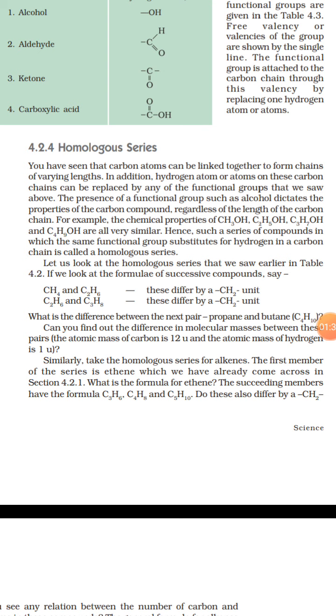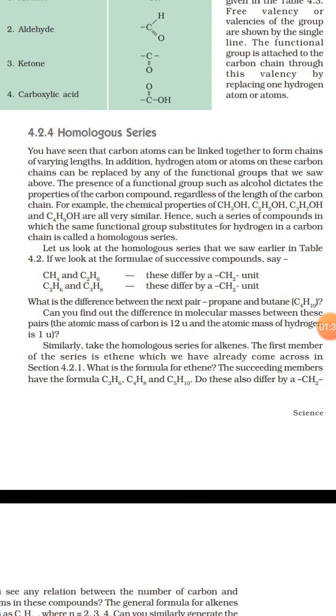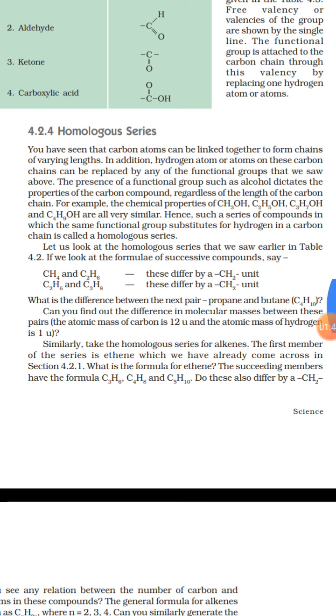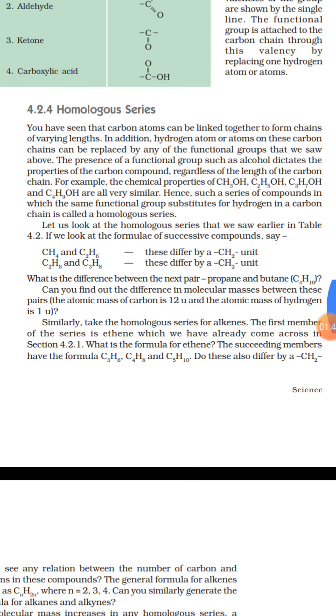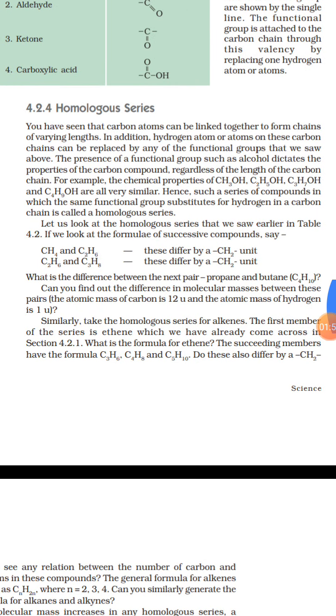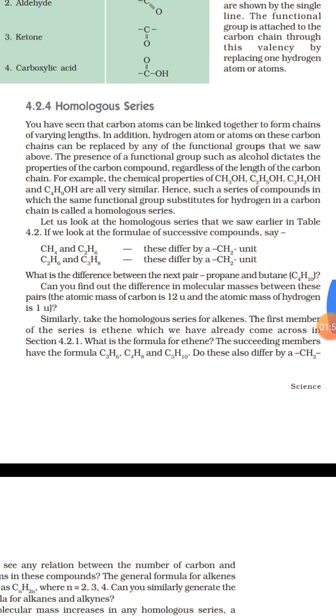So what we see here, students, is that CH3OH, C2H5OH, C3H7OH and C4H9OH are all very similar because they have one important OH group which acts as a functional group. Such a series of compounds in which the same functional group substitutes for hydrogen in a carbon chain is called homologous.